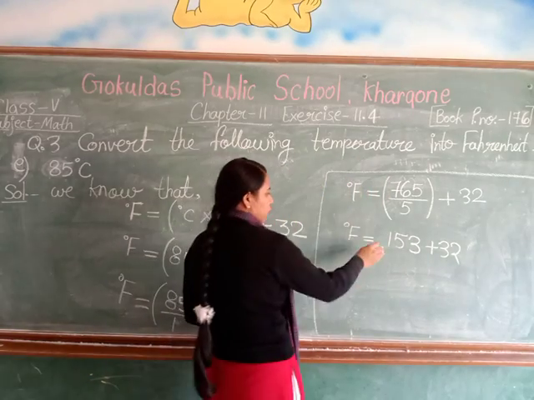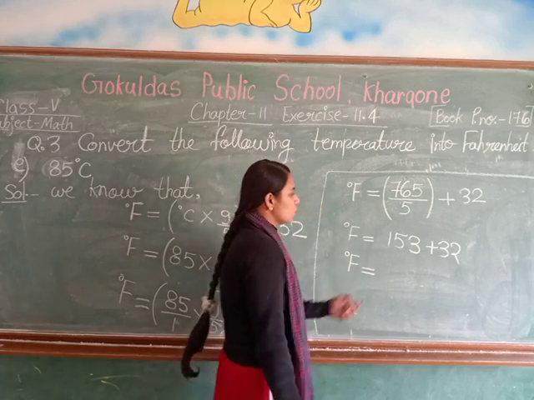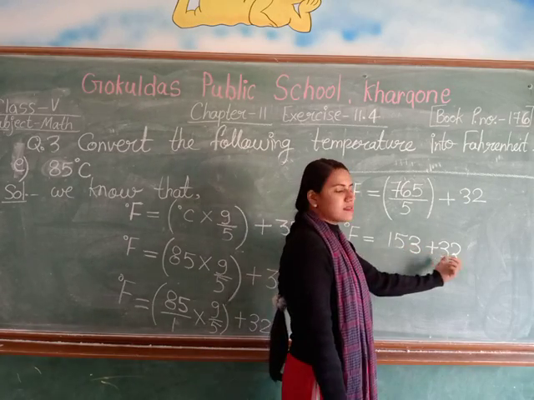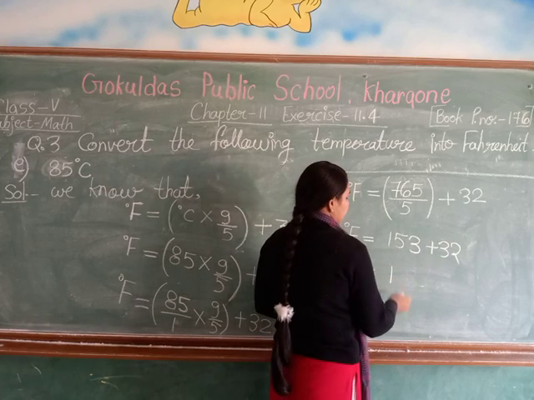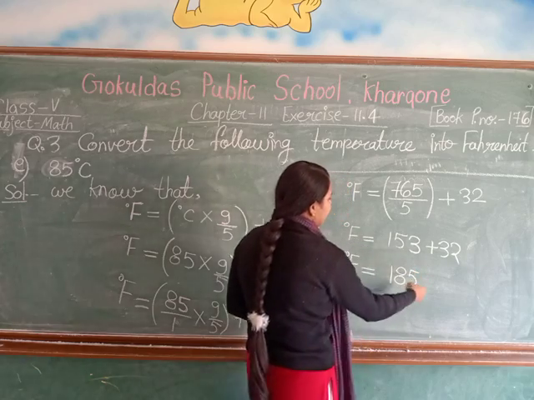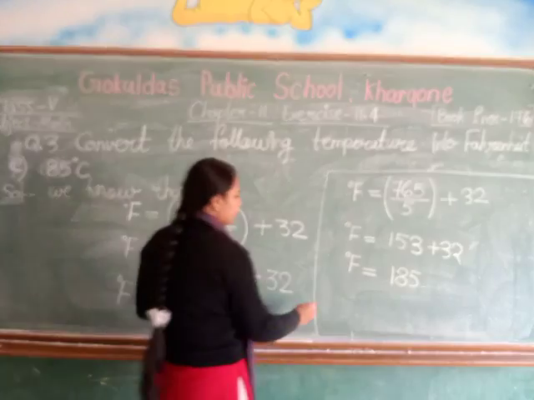Okay, I hope you understand till this step. Degree F is equal to, now add up both the numbers, 153 plus 32. After addition I get 185.